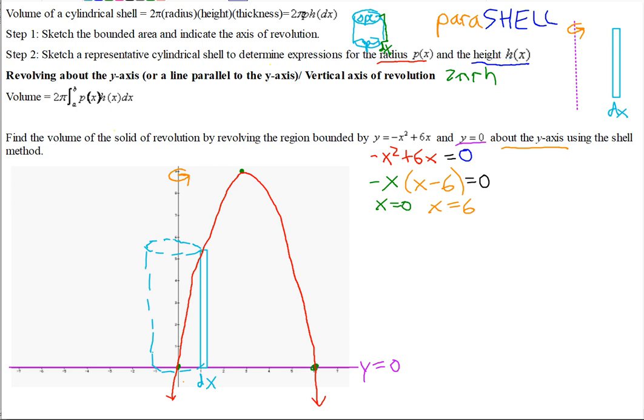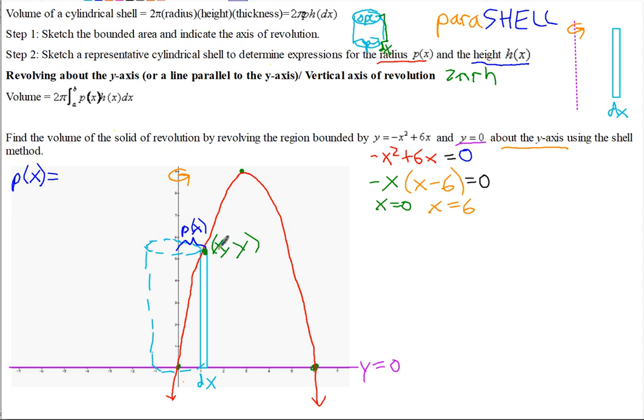So you can see the radius, p of x, goes from the axis of revolution to our rectangle. And when you have a horizontal distance like this, remember you do the right minus the left. And wherever you draw the rectangle is some point x, y. So that just represents the x coordinate. It could be anywhere where you drew the rectangle.